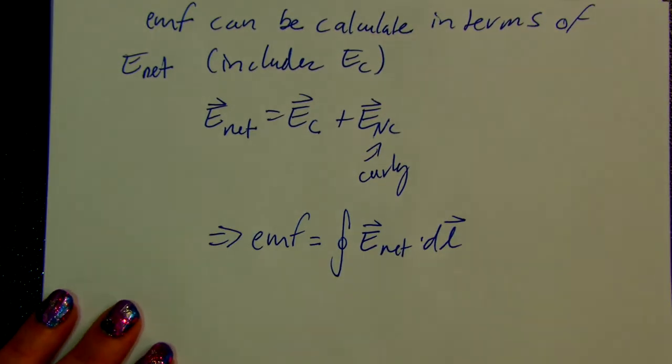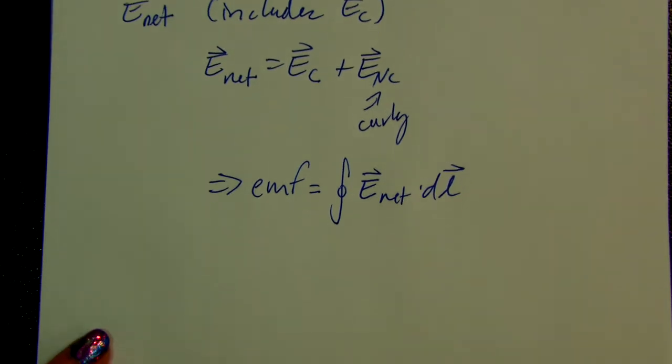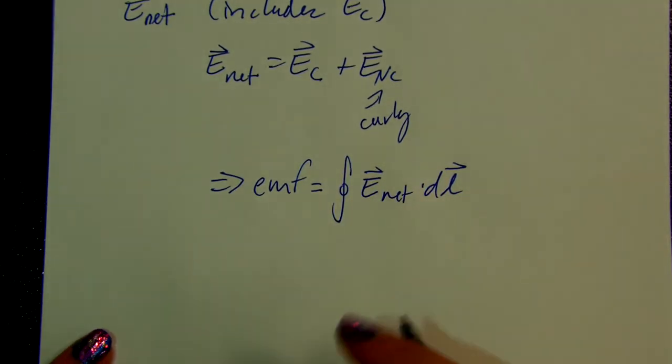Now you might be thinking, wait a second. We talked about Coulomb electric fields and path integrals, and they're zero, because we need to have a curly field to get a non-zero path integral.